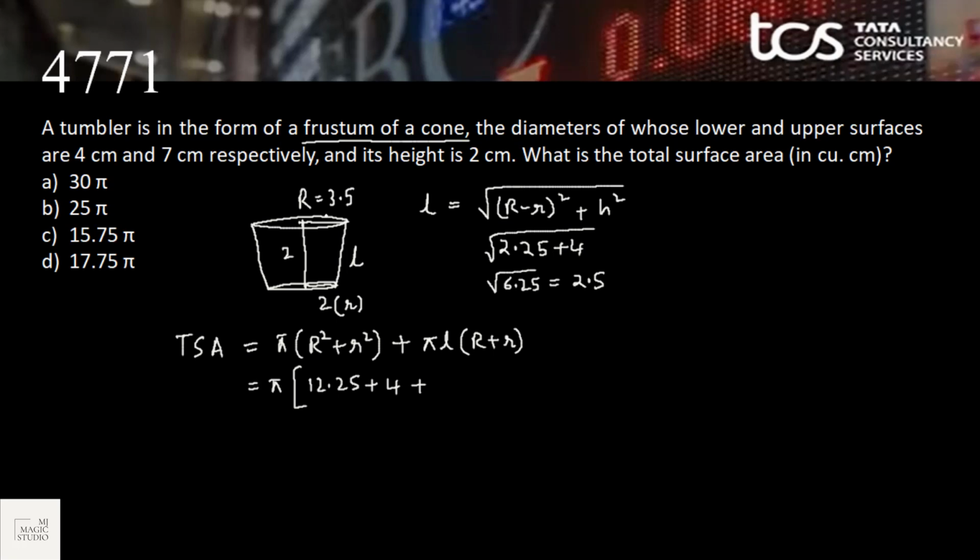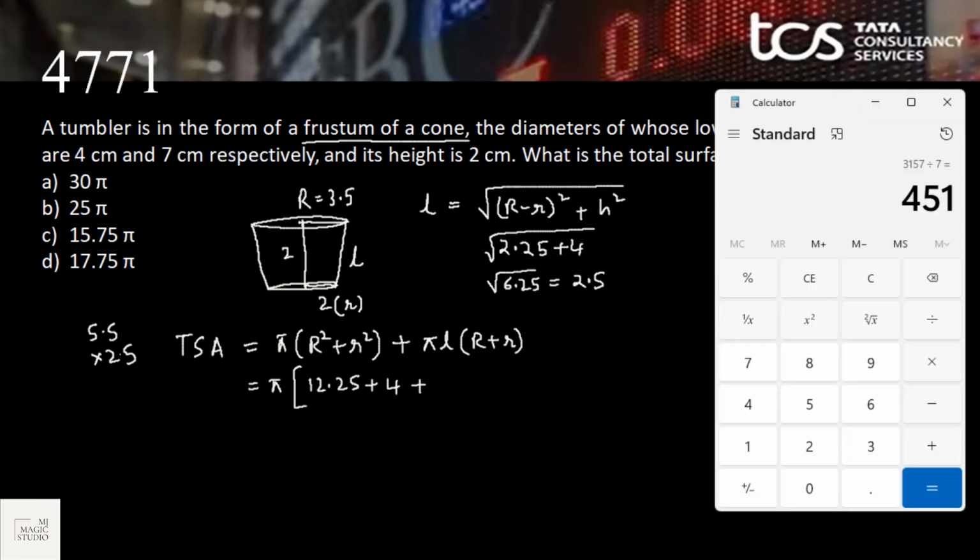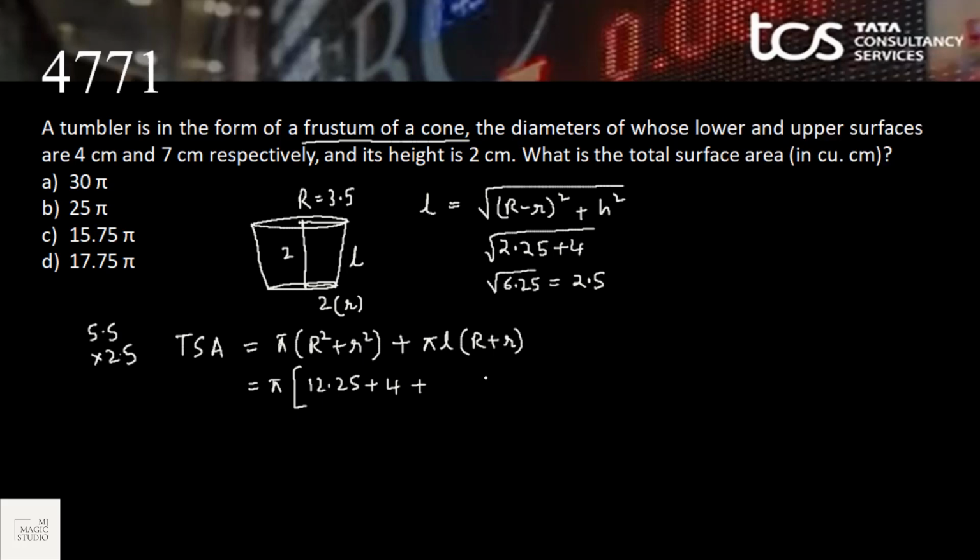L is 2.5. 3.5 plus 2 is 5.5. 5.5 into 2.5, that is 13.75, plus 4 plus 12.25. That gives us 30. So on calculation it would be equal to 30 pi. Option A is the fit.